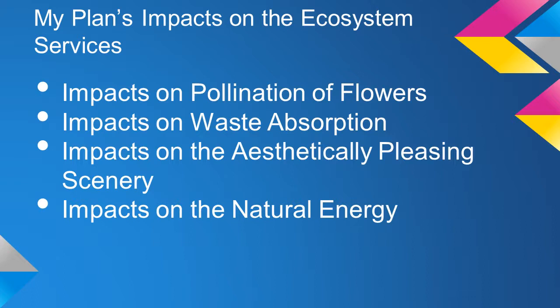So there may be less insects for the pollination of flowers, but we won't be seeing a drastic change in the pollination of flowers. And the impacts on waste absorption, there won't be any impacts on the waste absorption even after my plan is put into effect, because I will be protecting the areas of the wetlands where the waste absorption takes place from the water.